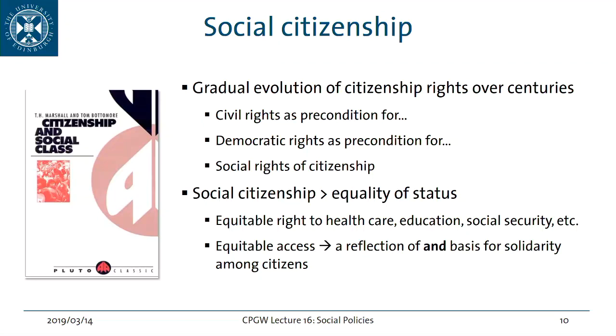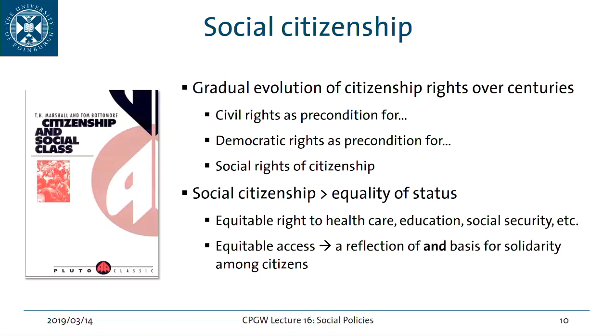We had an early move, an 18th century move, to have the state assign civil rights to people, so liberty, freedom, all those kinds of things that safeguard your very person, which then became a precondition for the democratic rights that the 19th century expanded greatly.